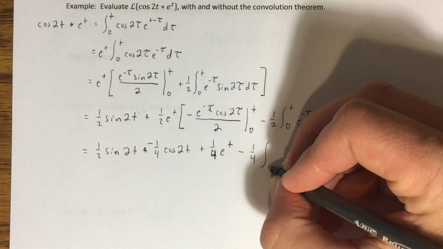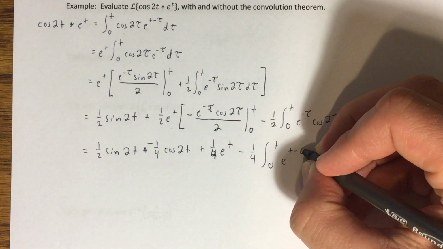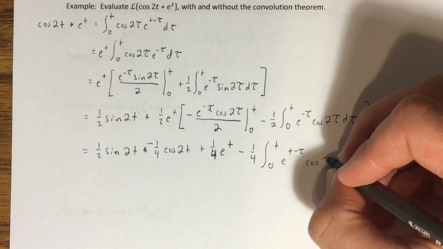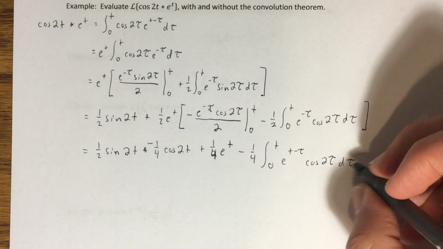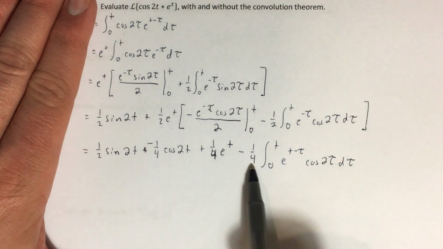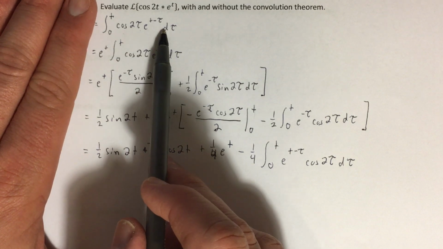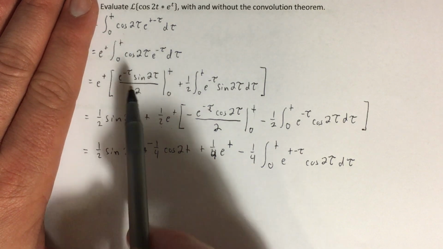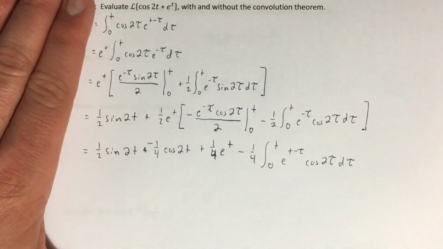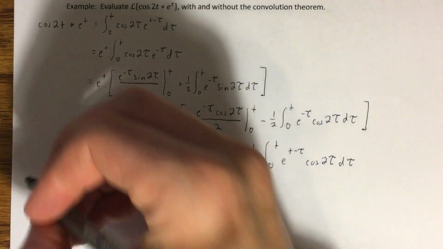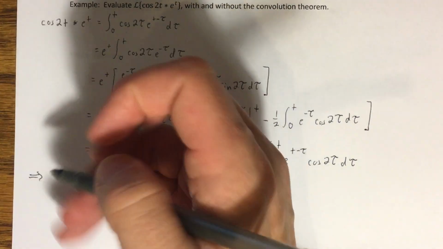So this becomes the integral from 0 to t of e to the t minus tau cosine of 2 tau d tau. And if you notice, this integral matches this integral. So treating this as an equation now, this equals this, I can add this term over to this integral, which gives me this. 1/4 plus 1 would be 5/4.